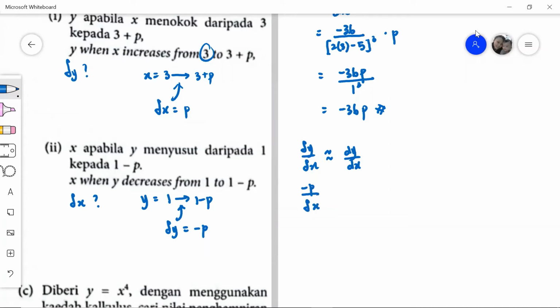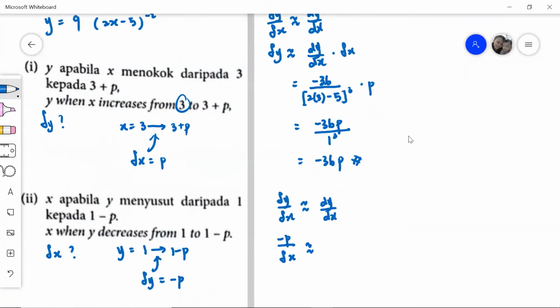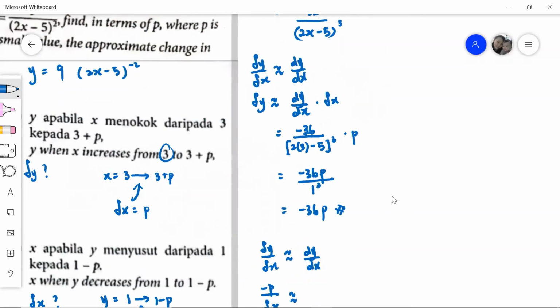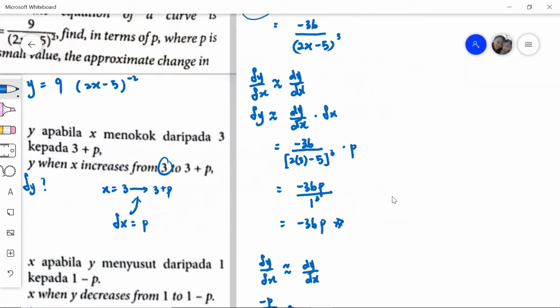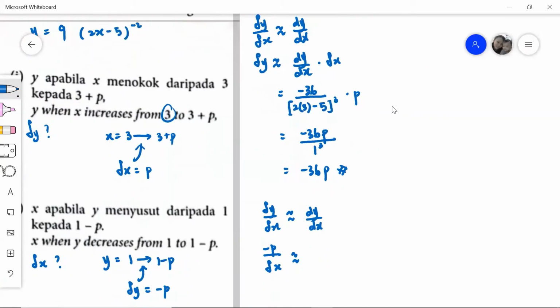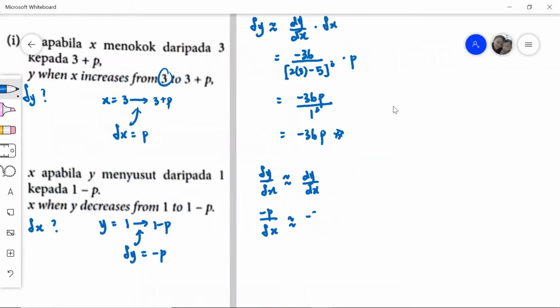The dy by dx is negative 36 over (2x minus 5) raised to the power of 3. I have the y value, but in this dy by dx, we need to substitute the corresponding x value.